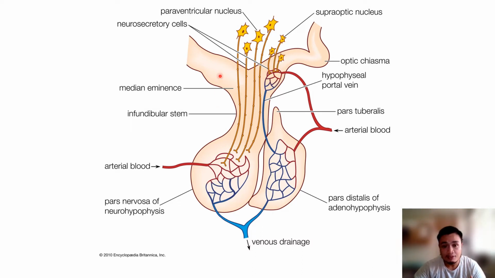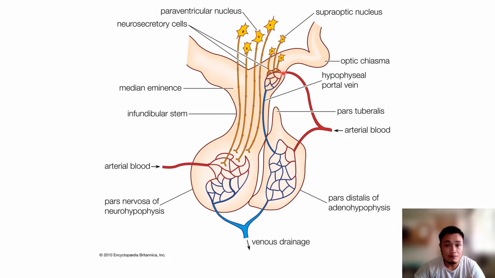In contrast, your posterior pituitary, as you can see here, walang portal system involved here. Basically, what happens is that your posterior pituitary is stimulated directly by the axons, as previously mentioned, the axons or the tails of the nuclei.